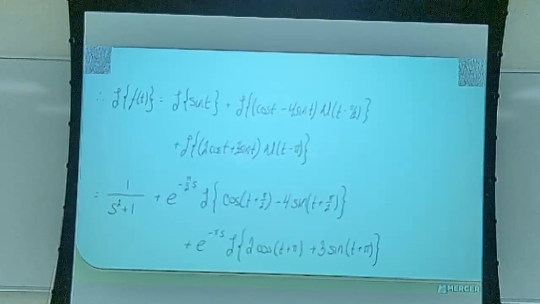You could use the definition, or trigonometry.